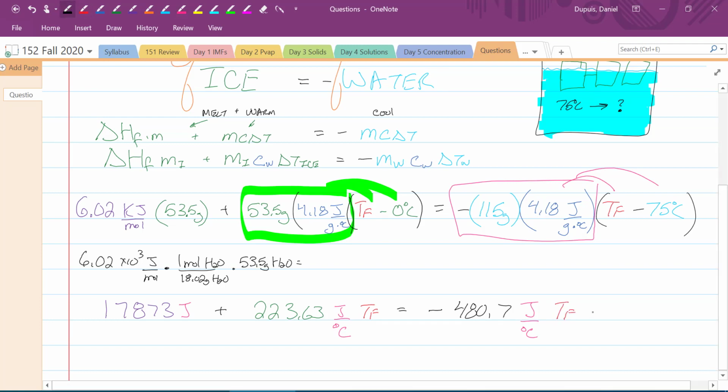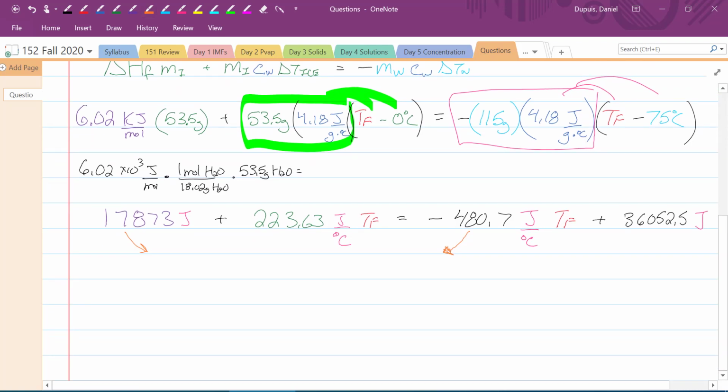Then that's going to be plus 115 times 4.18 times 75, which is 36,052.5 joules. So we're going to move this over, add 480.7 joules per degree Celsius T_F to both sides, and subtract 17,873.